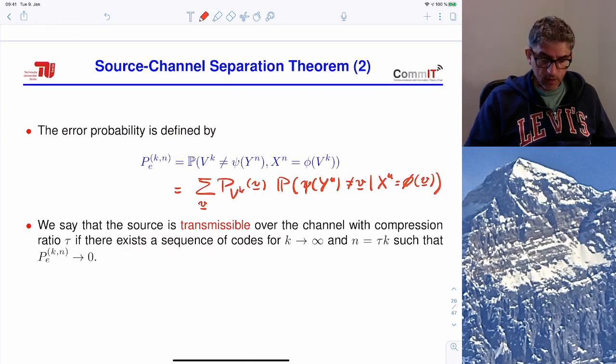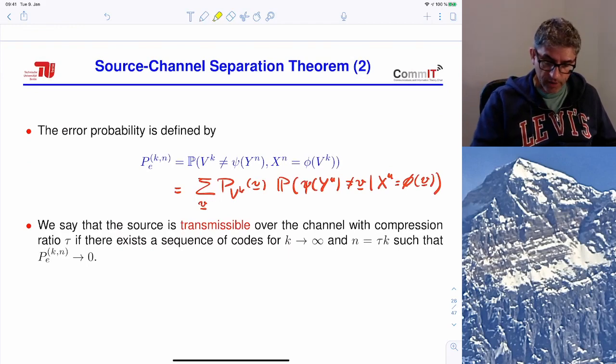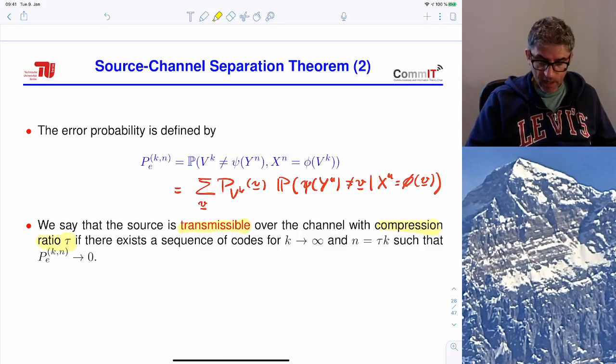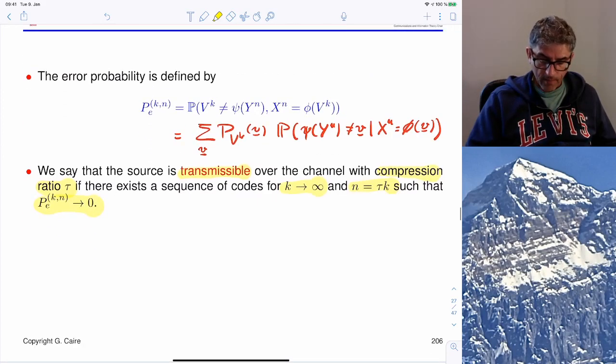Good. So we say that the source is transmissible over the channel with compression ratio tau if there exists a sequence of joint source channel codes with k going to infinity and n equal to tau k, such that the probability of error goes to 0.